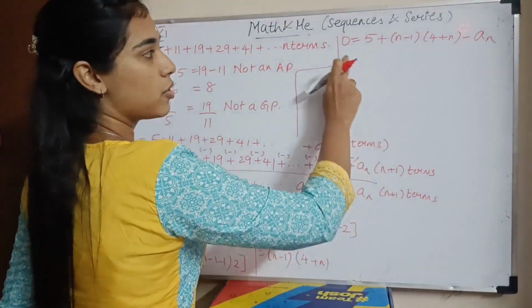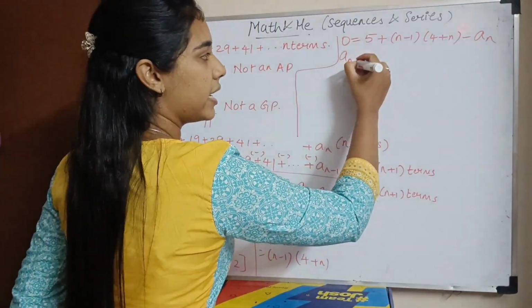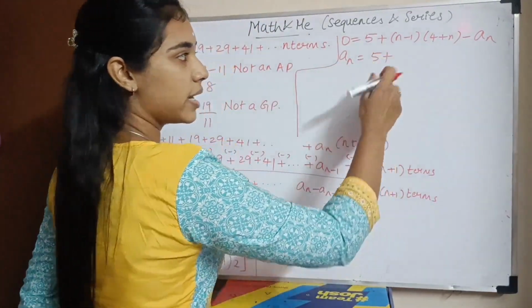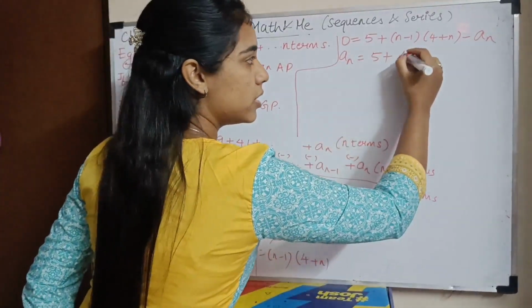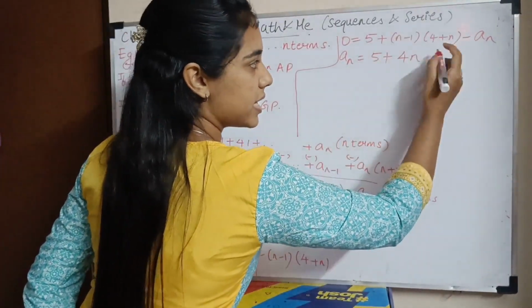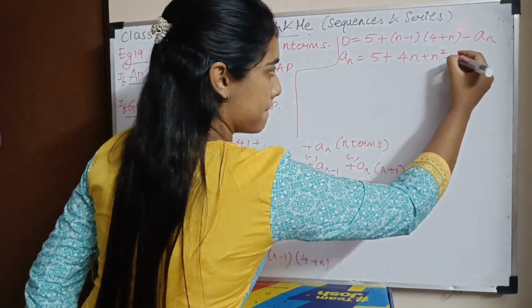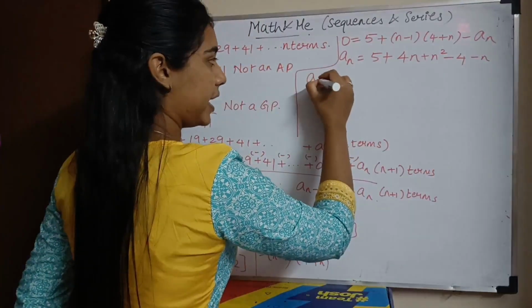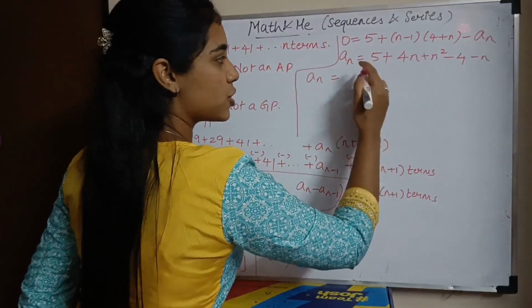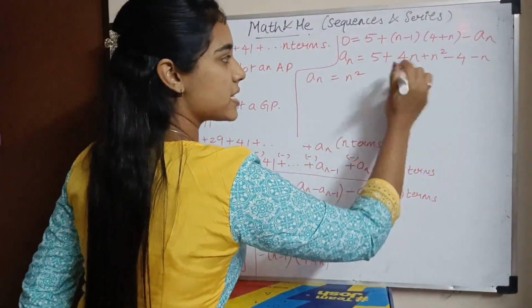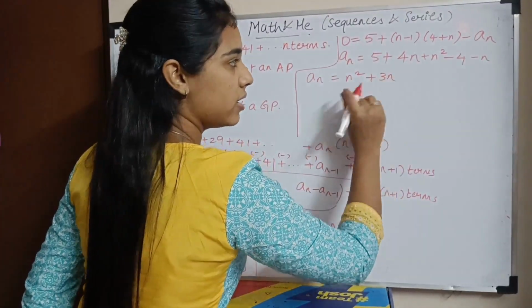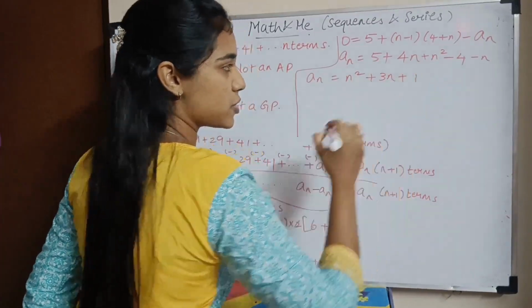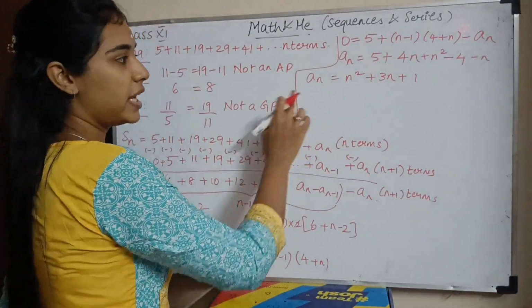So if I solve for an, what will happen? An equals 5 plus, I'm going to open the brackets. So I have 4n plus n square minus 4 minus n. So I have an equals n square. 4n minus n is plus 3n. 5 minus 4 is plus 1. So this is my an.